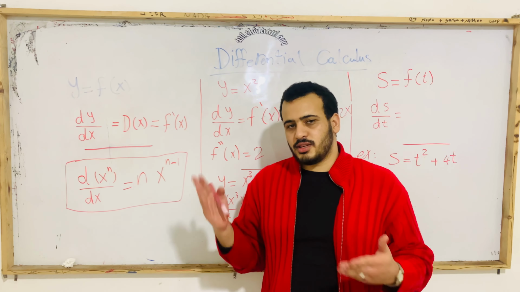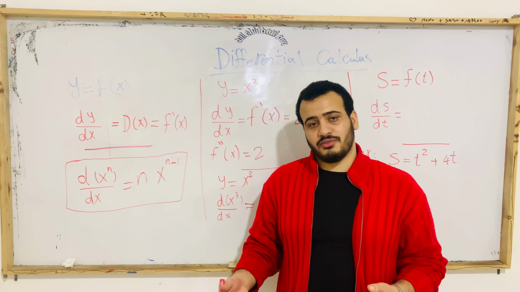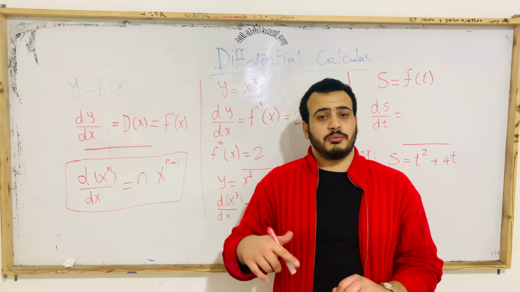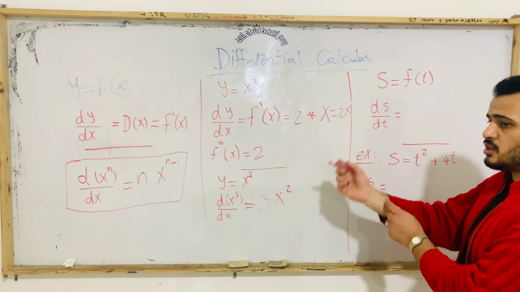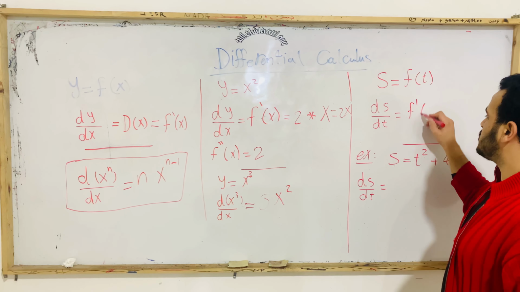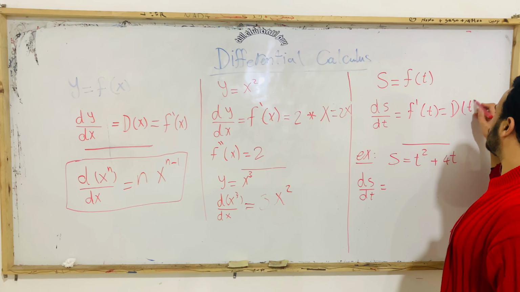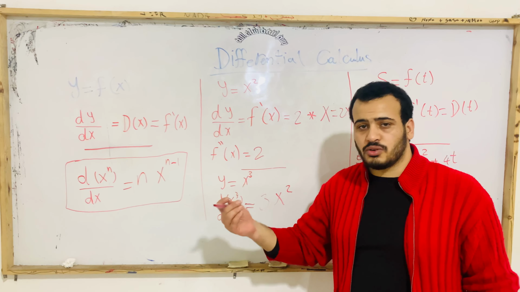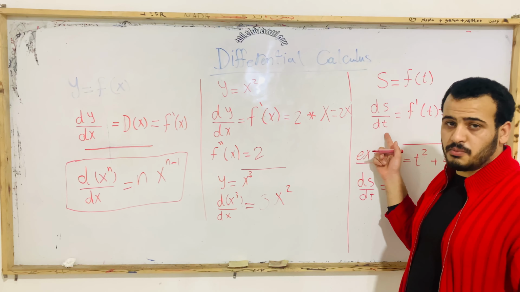And now we'll proceed with this idea on a physical application, in which the independent variable is often t, time, and the dependent variable is s. So if s equals function of t, then ds by dt, or f prime t, or we can say derivative of t, represents the rate of change of distance with respect to time.